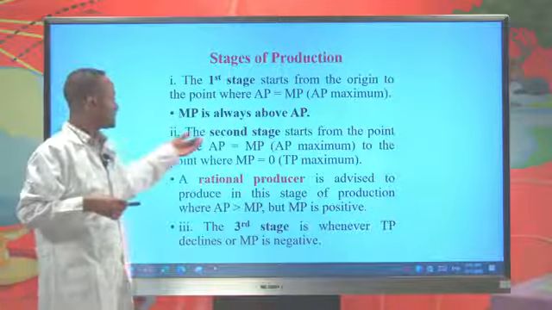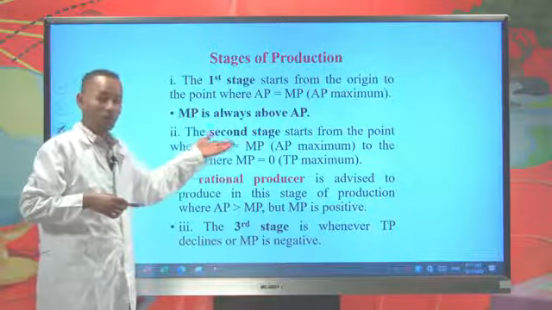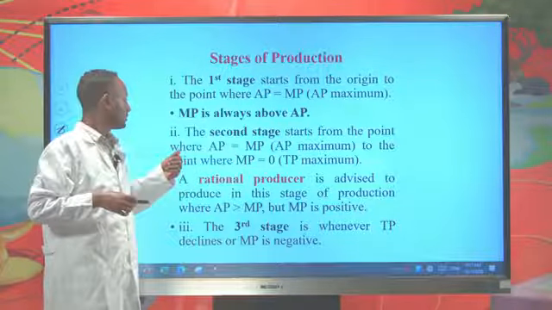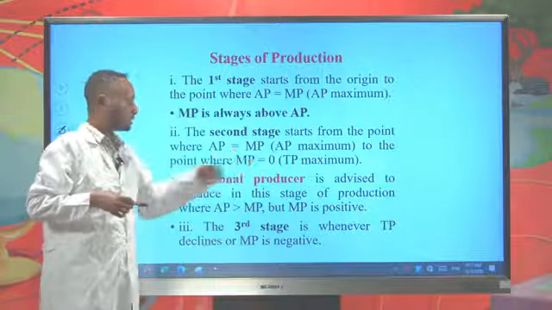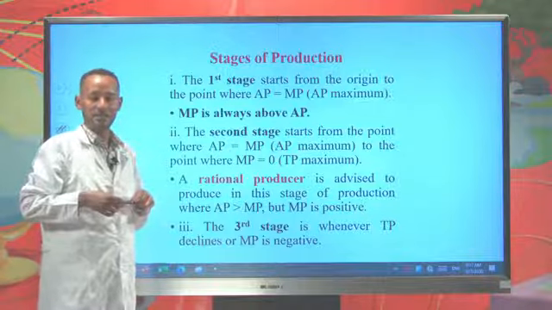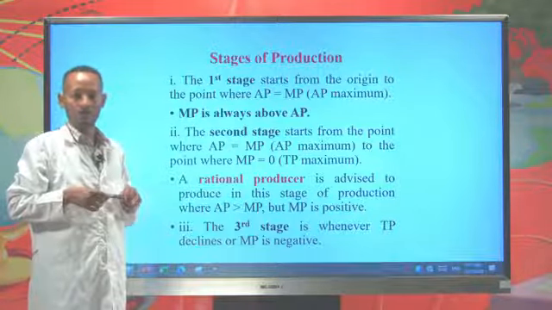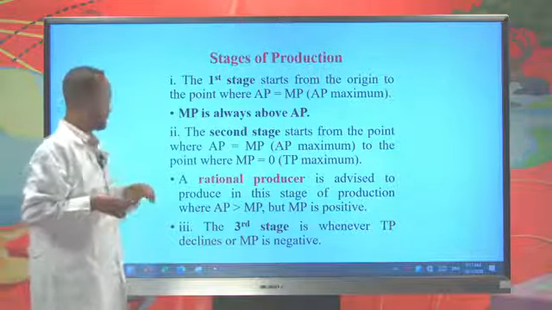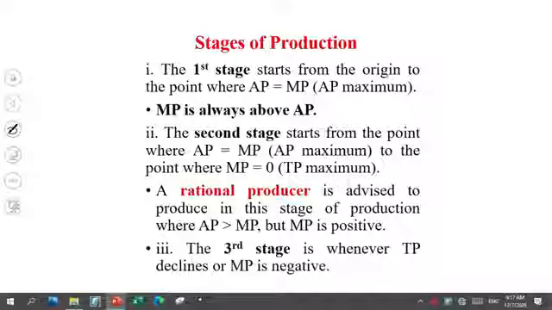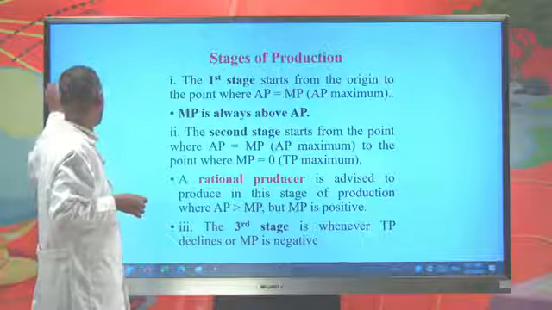The second stage starts from the point where AP equals MP to the point where MP is equal to 0 or TP is maximum. This is the stage where a rational producer is advised to produce. And the third stage of production is whenever TP declines or the marginal product of the variable input labor is negative.